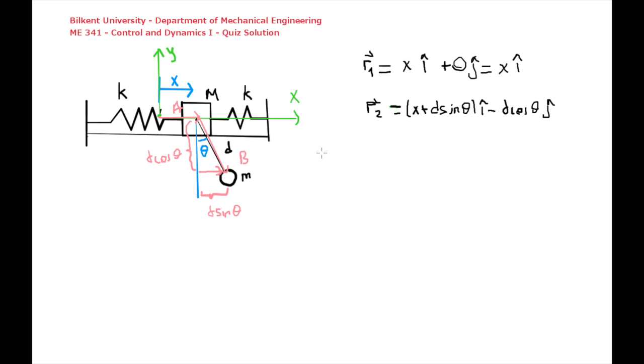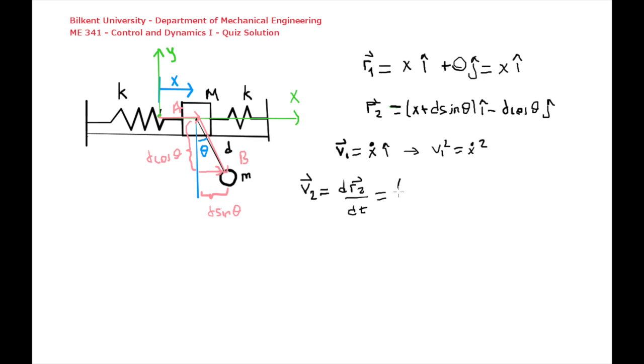Okay, so why do we need these position vectors? Because we want to calculate the velocities so that we can calculate the kinetic energy, which is then used for the Lagrange function. So v1 is easy, it is simply x dot in the i direction. So v1 square is simply x dot square. Whereas the velocity for the second object is dr2 by dt.